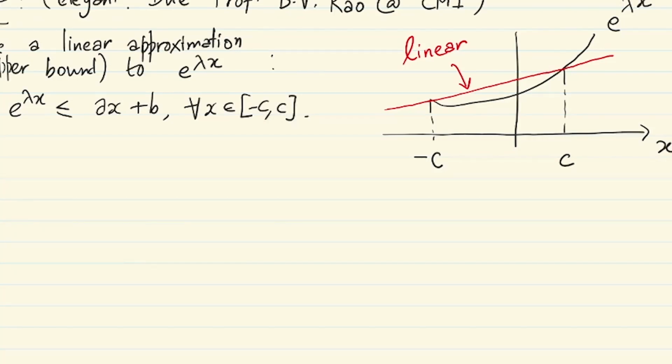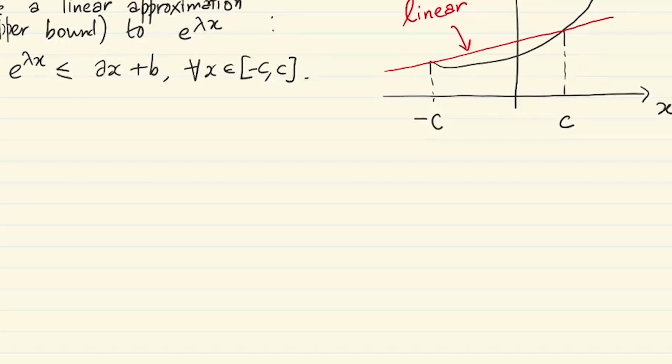Okay, so a moment's glance should convince you that the way to solve for this is to equate the values at the endpoints. So e to the minus lambda c equals minus ac plus b, and e to the lambda c equals ac plus b.